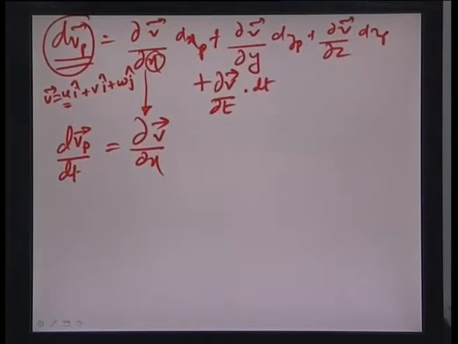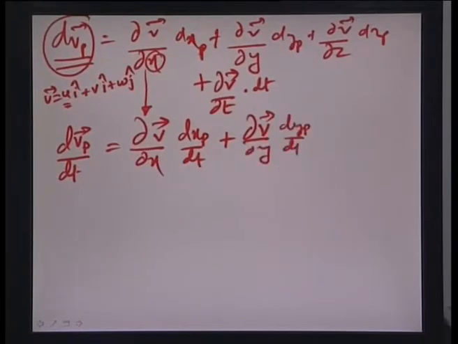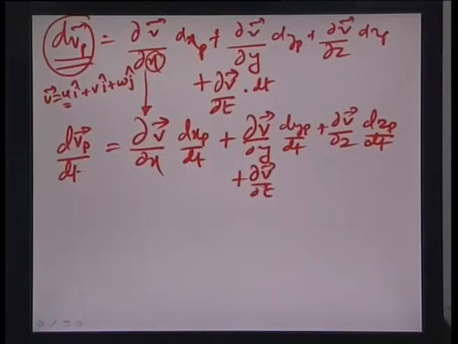So del v by del x times of dxp by dt plus del v by del y times of dyp by dt plus del v by del z times of dzp by dt plus del v by del t is essentially the rate of change of the velocity vector of particle p with respect to t.